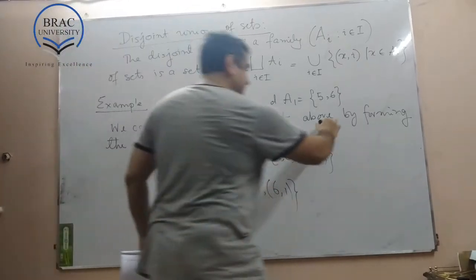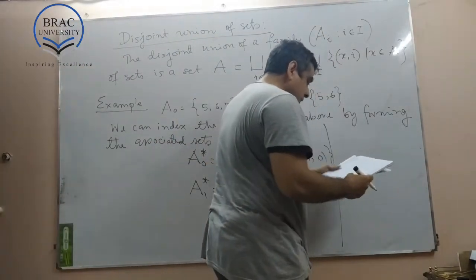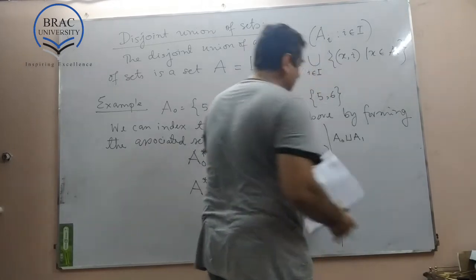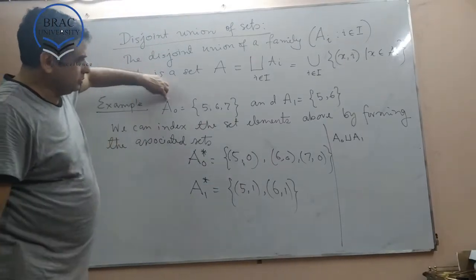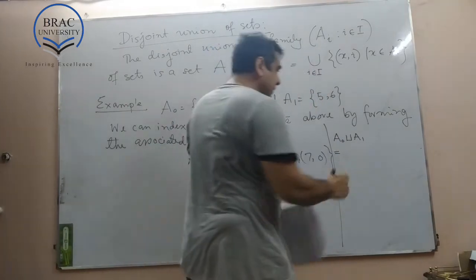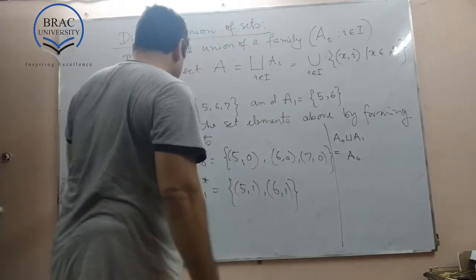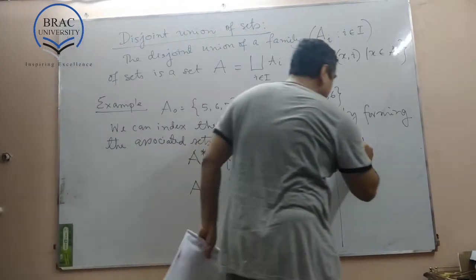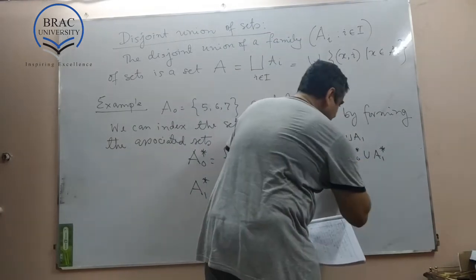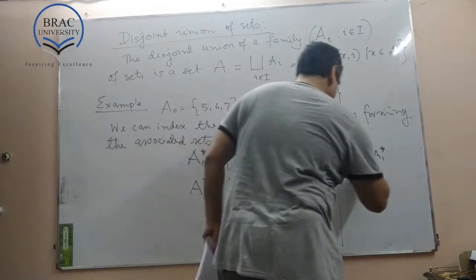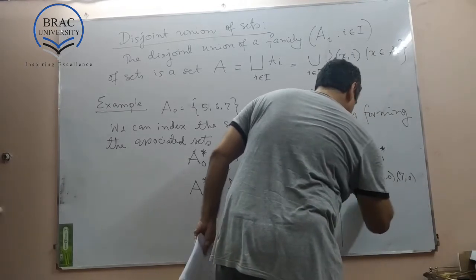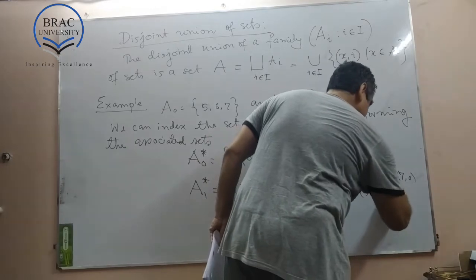So the disjoint union of these two sets, A0 and A1, is precisely the standard union of these associated sets, which is (5,0), (6,0), (7,0), (5,1), (6,1).